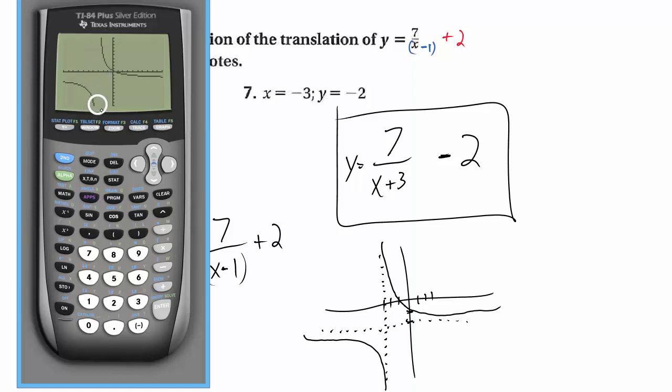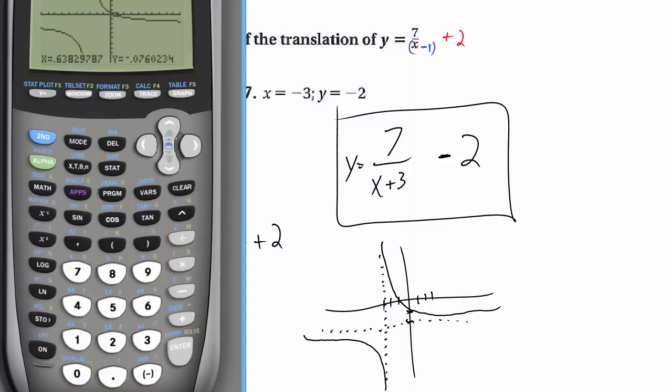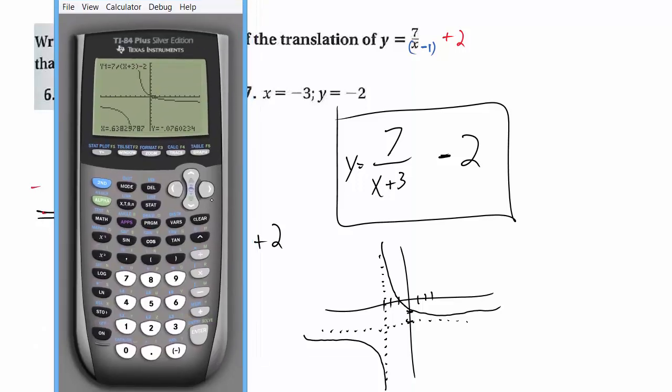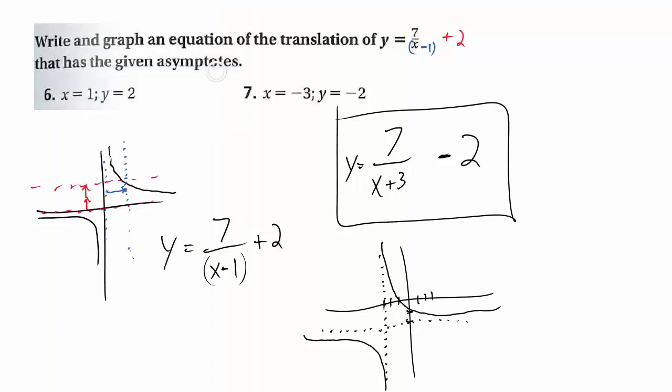Yeah, the vertical asymptote is at -3, and then here the y value seems to be leveling off at 2. Or you can also use your trace function to check all that stuff to make it a little more obvious what the asymptotes are.